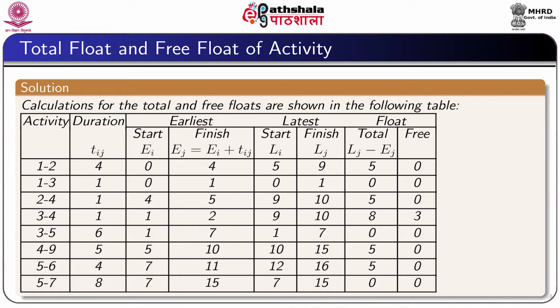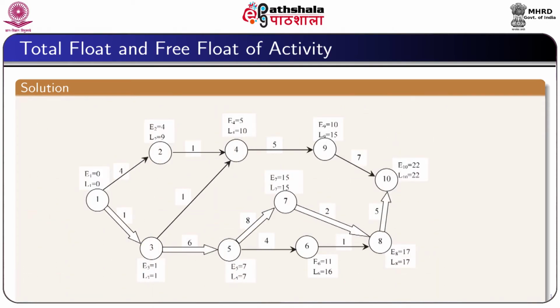And to calculate the free float, we have to check the network diagram again. To determine the free float of activity 3-4, the activity time is 1 and its predecessor activity time is also 1, whereas the occurrence time of the event E4 equals 5.